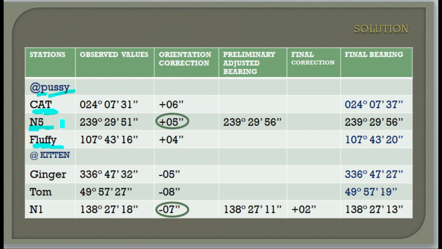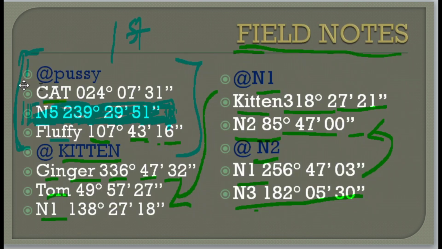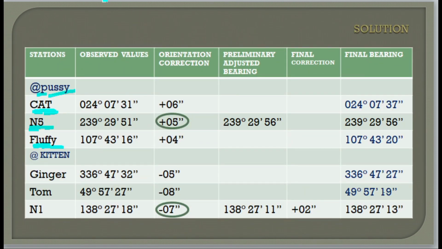So this is from the Pussy to the Cat, the Pussy to N5, then to Fluffy. So those are my observed values that I am going to be using. So on the observed value section, you write all that was provided from the field notes.